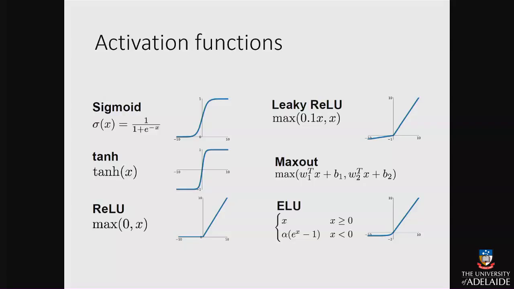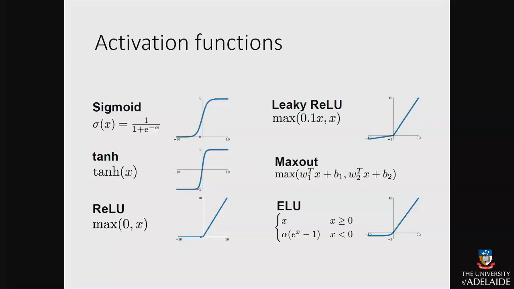Here are some commonly used activation functions. In our previous example, we used the ReLU function. If you still remember our previous two-layer neural network, we used max(0, x), the max between 0 and x, right? This is plotted in the feature space, in 2D, max(0, x).